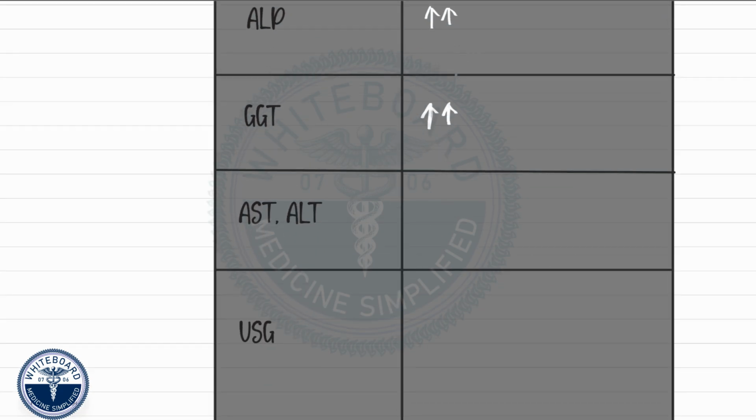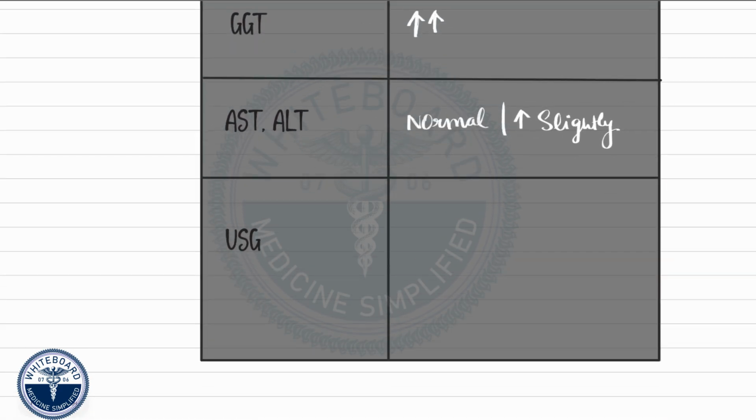AST and ALT are normal or only mildly elevated because the primary problem is obstruction, not hepatocellular damage. Imaging studies like abdominal ultrasound typically show the obstruction, such as stones, strictures, or tumors blocking the bile duct. So in post-hepatic jaundice, the bile flow is obstructed after the liver.